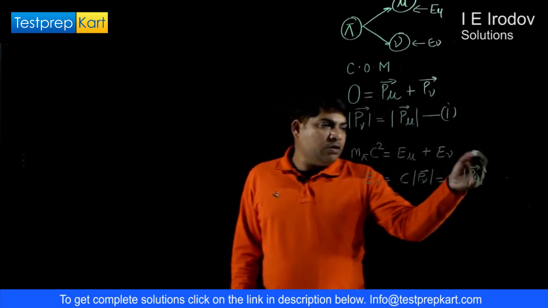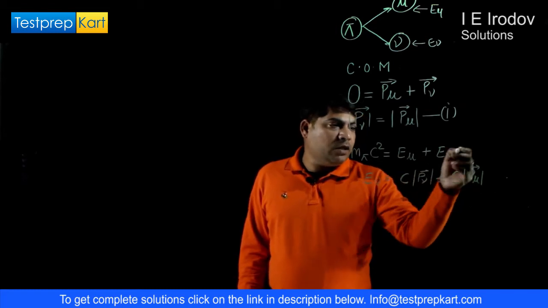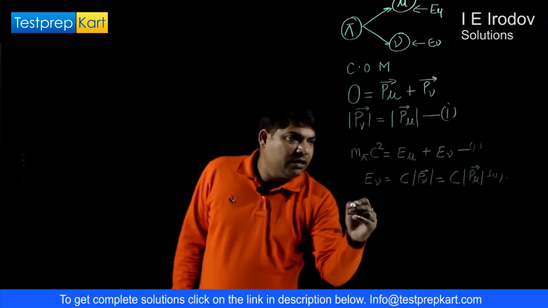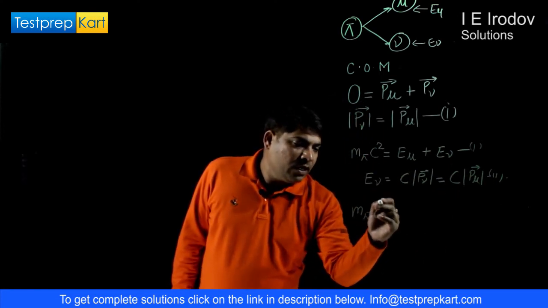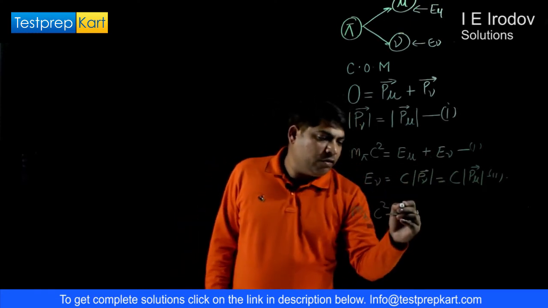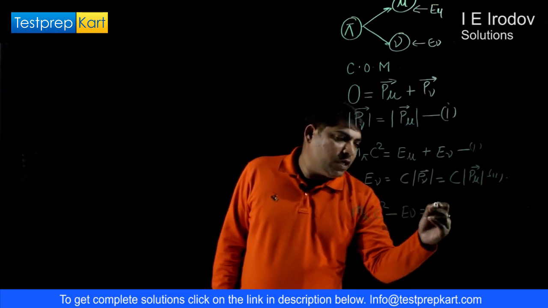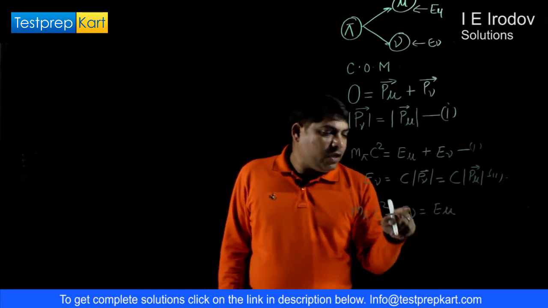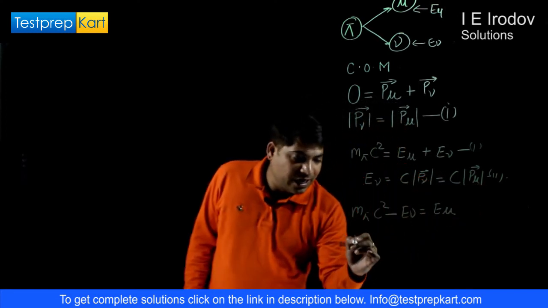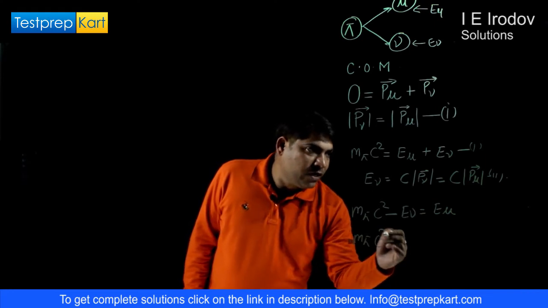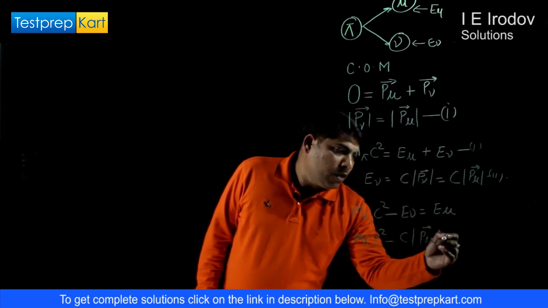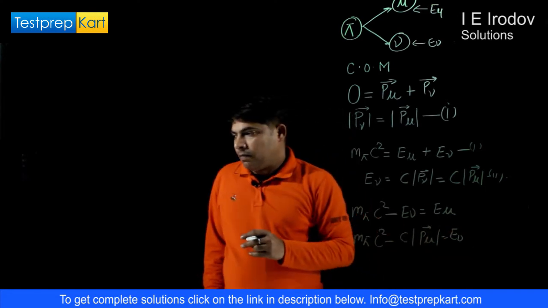So now if we merge these two equations 1 and 2, then we may write that m pi into c square minus energy of neutrino, that is E nu, is equal to energy of muon. Now this energy of neutrino can be replaced by this expression. So we can write m pi c square minus c into P mu is equal to E mu.